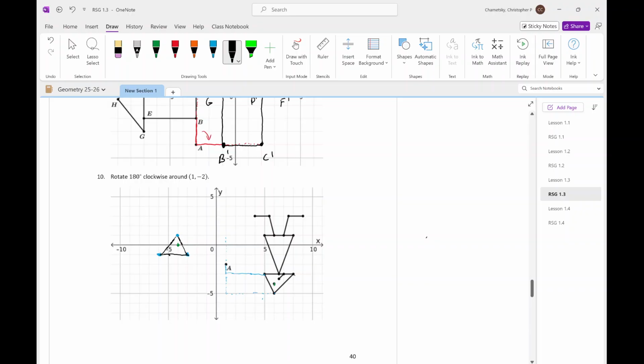Okay, so now I got the head of my little stick figure here. And this point where he attaches to the neck, that's going to be about 1.5 points this way.